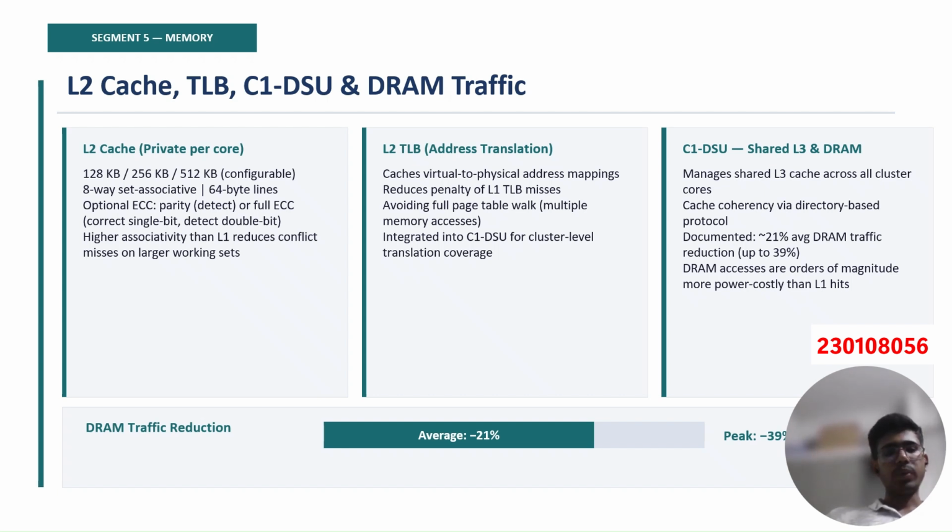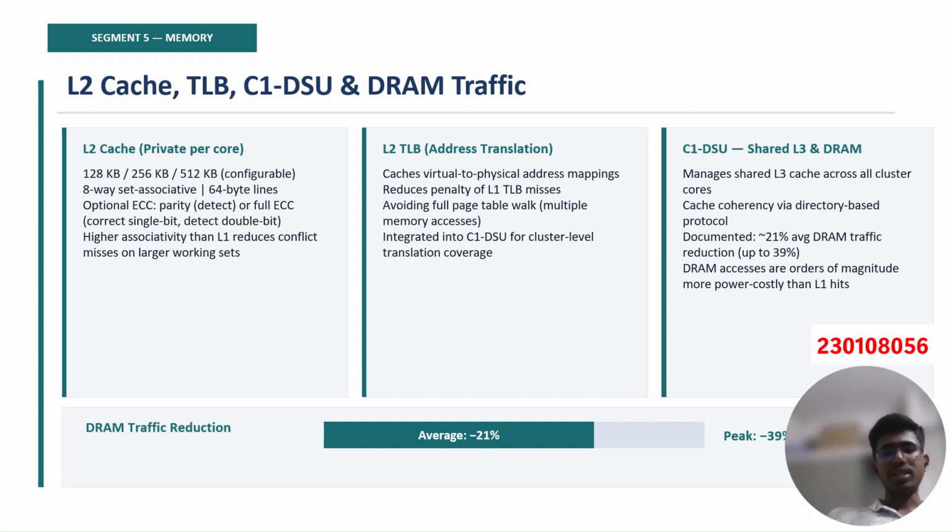And now coming to the L2 TLB or address translation. This caches virtual to physical address mappings, reduces the penalty of L1 TLB misses, and it also helps in avoiding full page table walks. And it is also integrated into the C1 DSU for cluster level translation coverage.